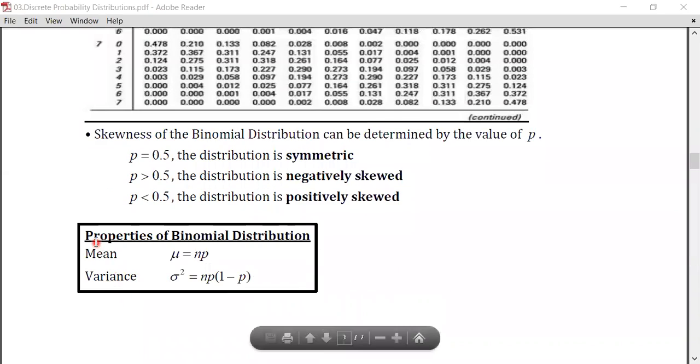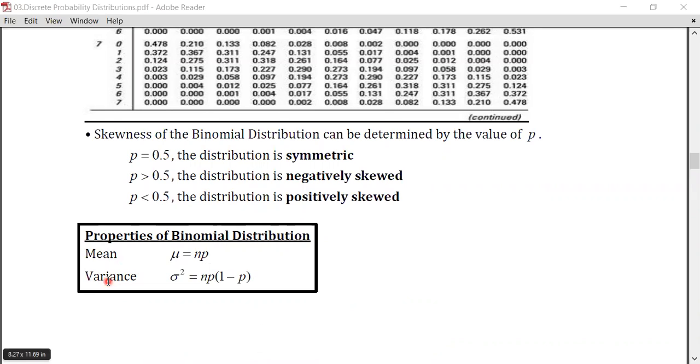When we discuss the properties of the binomial distribution, you have to look at the mean and the variance of the given distribution. According to the notations that we have used, you can define the mean mu equals n times p, where n is the number of trials and p is the success probability. Using this equation, you can calculate the mean for a given binomial distribution.